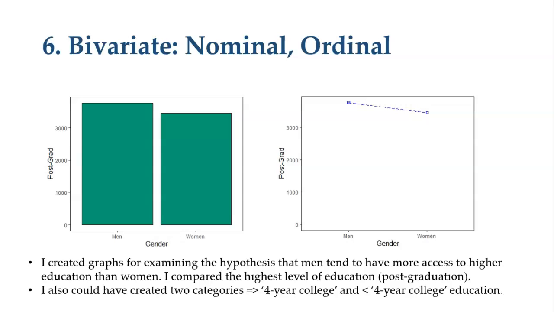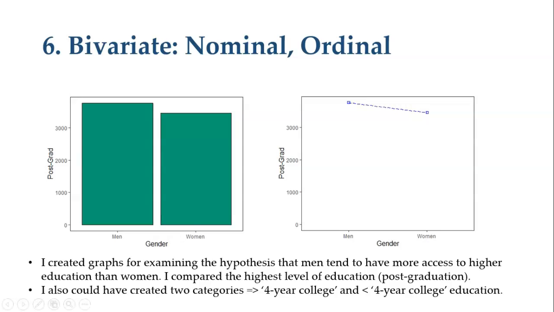My hypothesis was that men tend to have more access to higher education than women. What I did here was focus only on postgraduate students. And men do have more access to postgraduate education than women. Not of course, but it's what happened here.